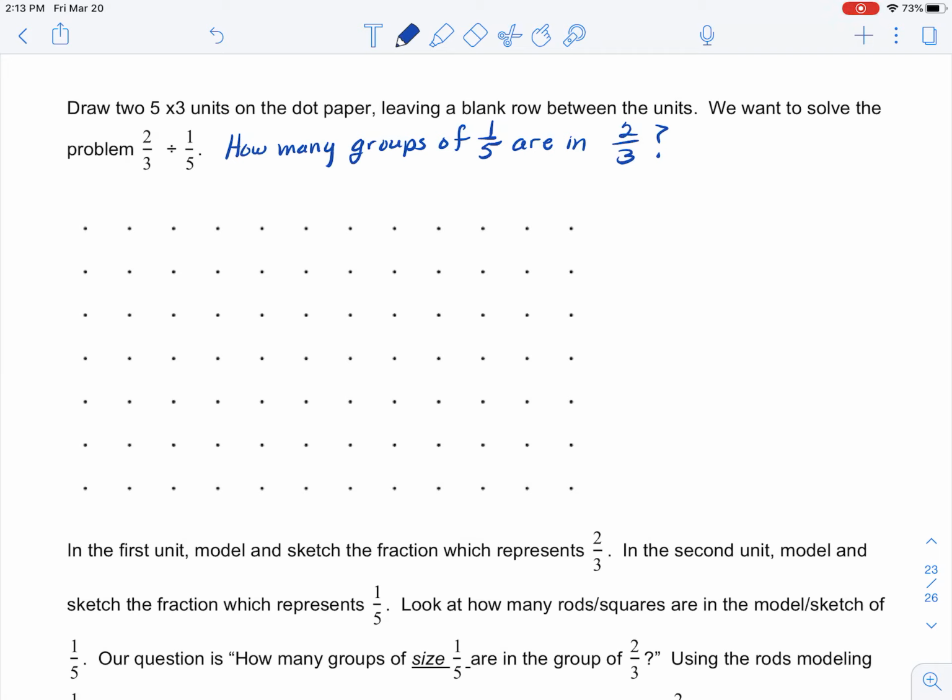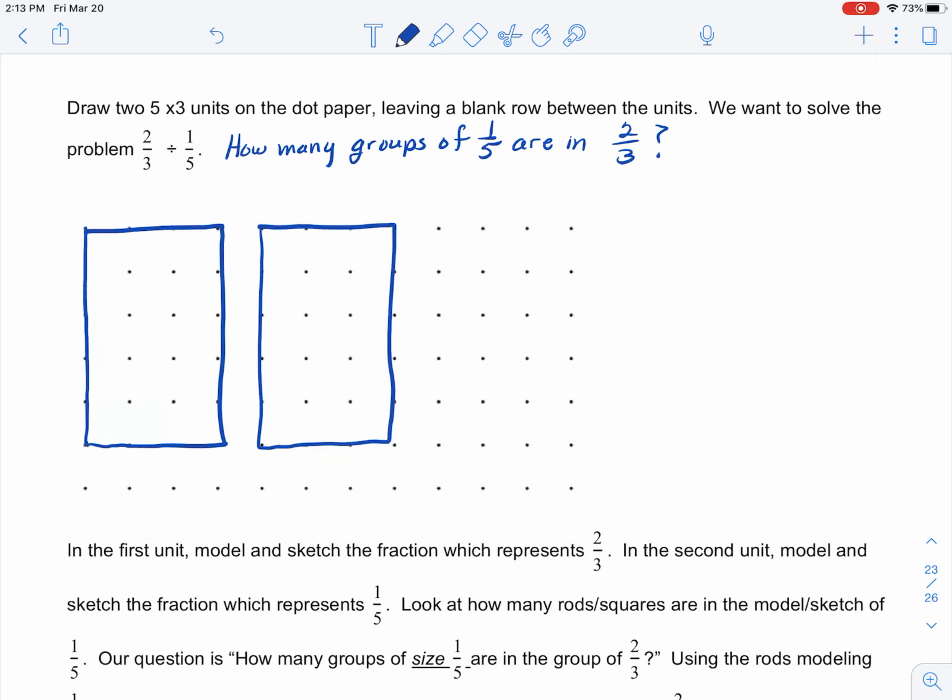So we want to draw a picture of 2/3 and a picture of 1/5 using the same size units. So we're comparing the same size. So let's draw 5 by 3, and we can always draw them based on the denominators, 3 and 5. So we have 1, 2, 3, 4, 5. 1, 2, 3. There's one 5 by 3 unit and another 5 by 3 unit.